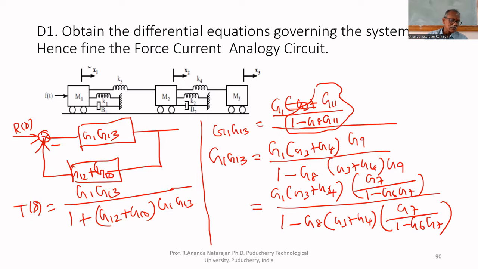If you simplify this, these two, 1 minus G6 G7, can be cancelled.